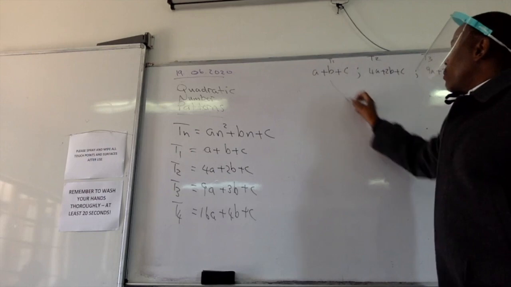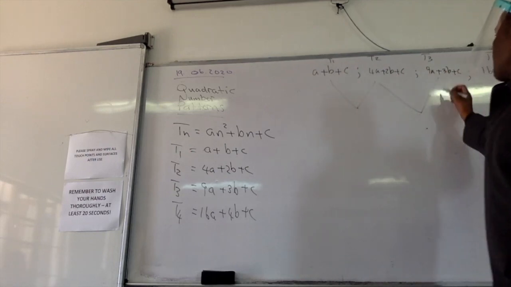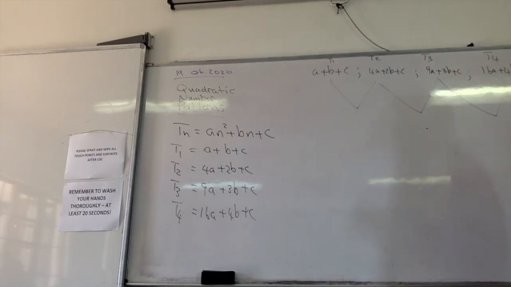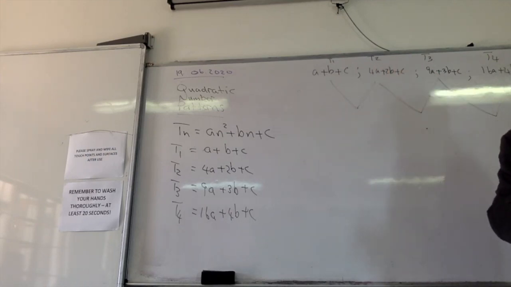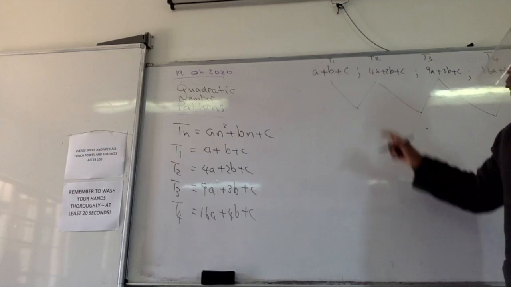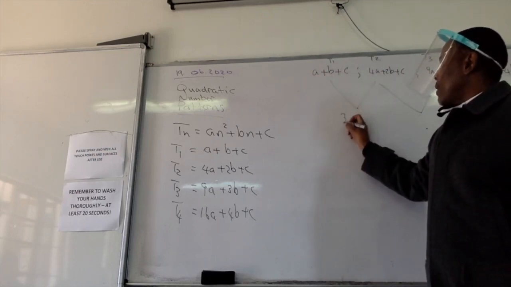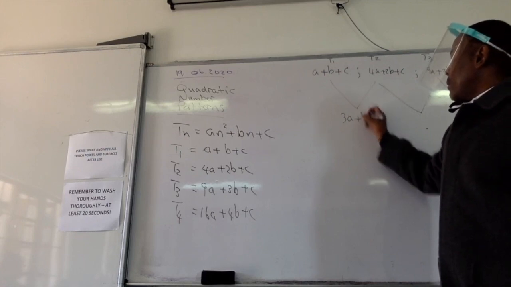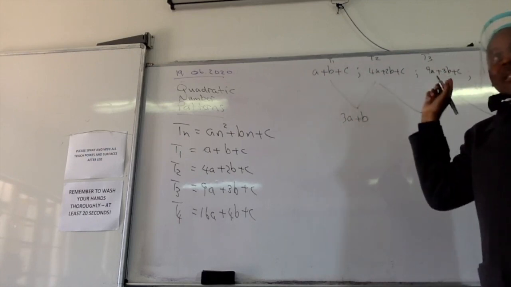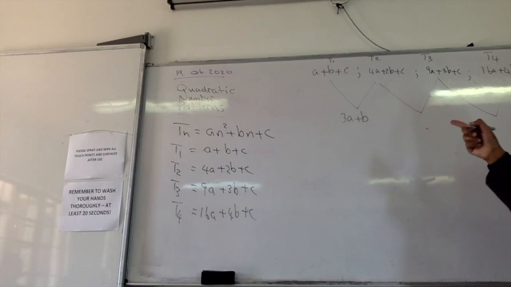Now let's work out what we call the first differences. In other words, what is T2 subtract T1? So it's 4a minus a, that will give us 3a. And what is 2b subtract b? That's b, right? c minus c will give us 0. So we end up with 3a plus b.